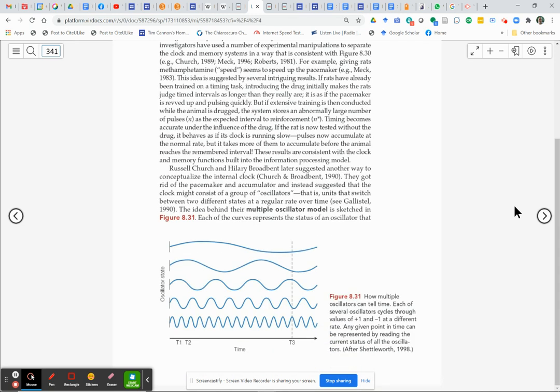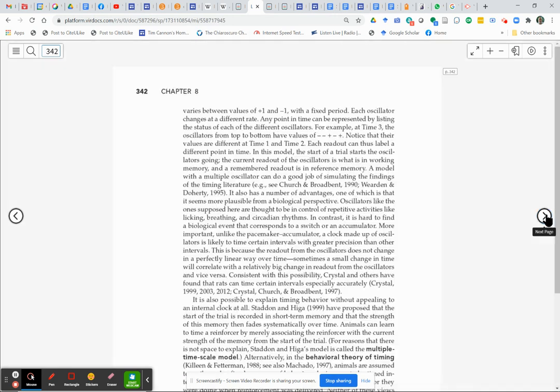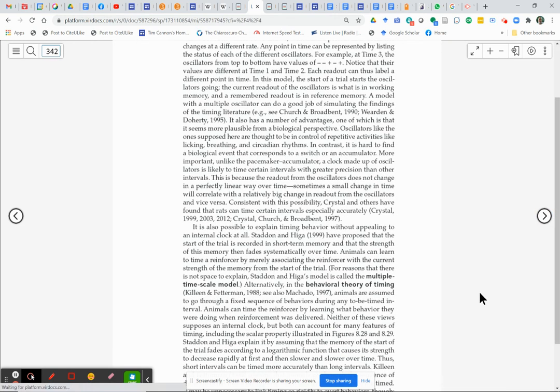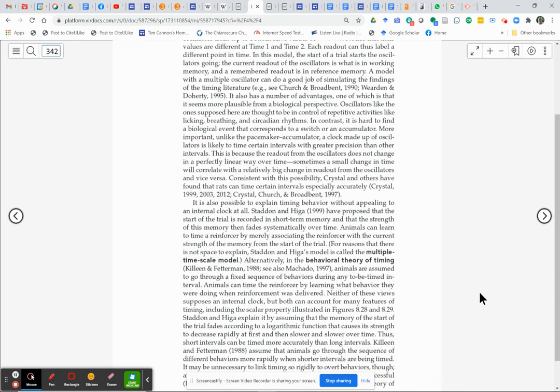And there's another theory of timing where you have multiple oscillators, and you can count oscillations and figure out where you are. Sure, that's possible. And time scales and multiple time scales and behavioral theory of timing.